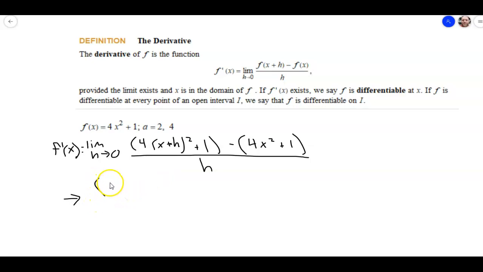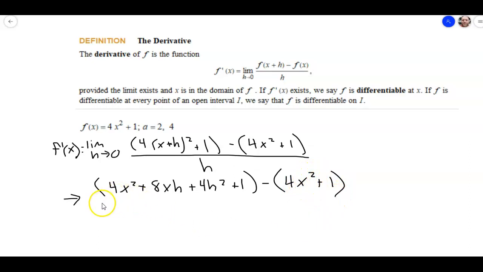So this is going to be 4x squared, and then we had the 2xh, so that would be plus 8xh, and then plus the h squared, so that's going to be 4h squared, and then we have the plus 1, and then we have the minus 4x squared plus 1 all over h.